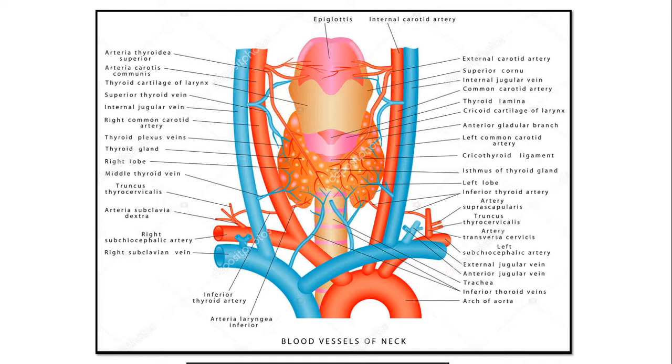So this is another point which helps us know why we use the internal and external jugular veins. The external jugular vein doesn't have a valve at its end, but the internal jugular vein has a valve.